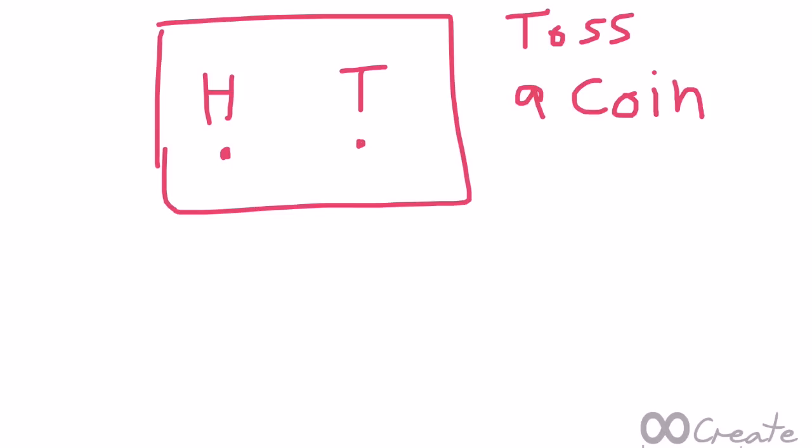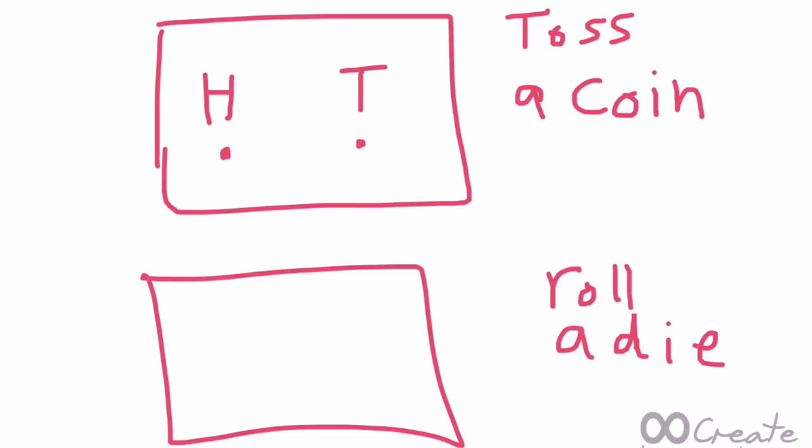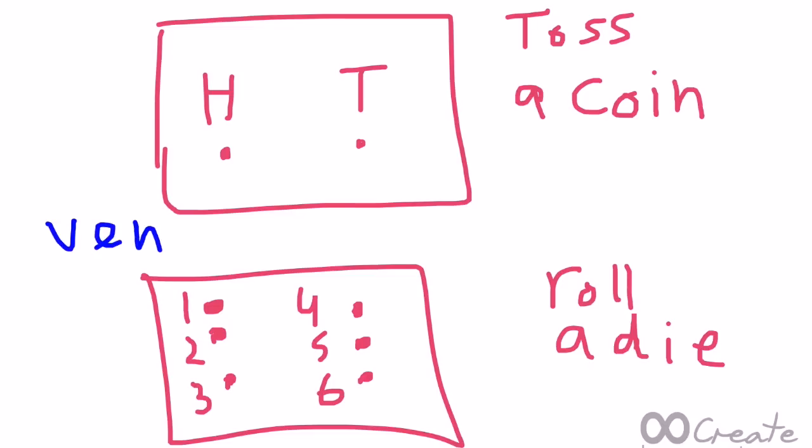In the case of a die, when you roll a die, you have 6 outcomes: 1, 2, 3, 4, 5, and 6. So I have 6 dots here in the Venn diagram, which is another way to list the outcomes and show my sample space. So these are called Venn diagrams.